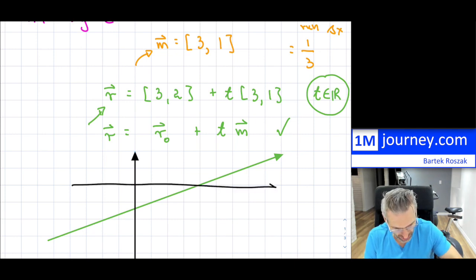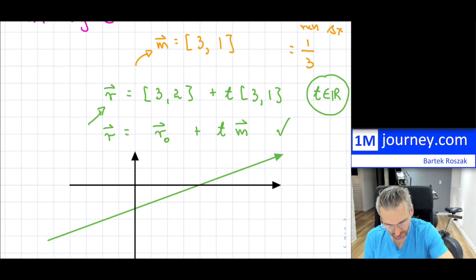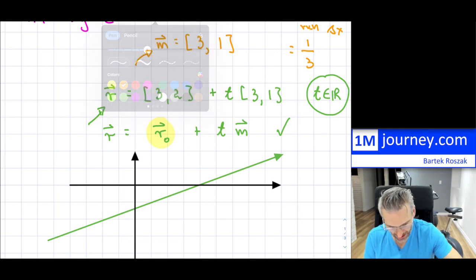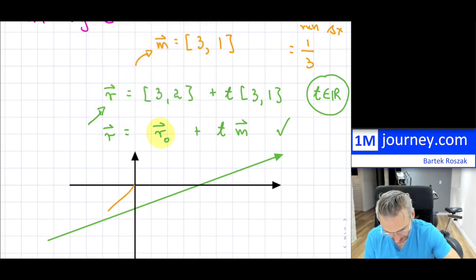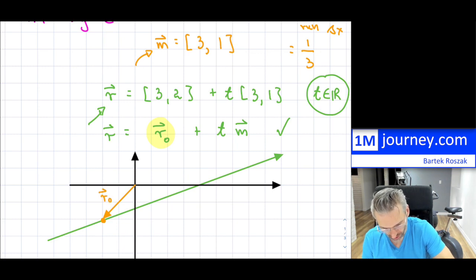Let's make it a little bit different than the other one. So you first will try to find one particular vector which is going to touch the line. It doesn't matter which way it is. Let's say that's your r0. This is going to just touch it. So that's your r0 vector.